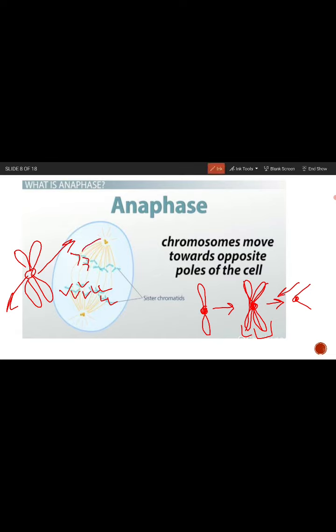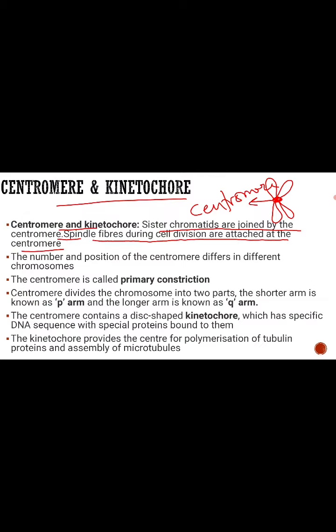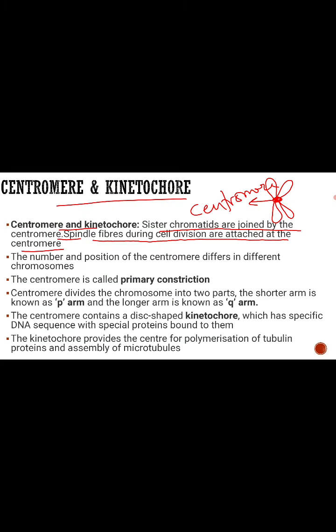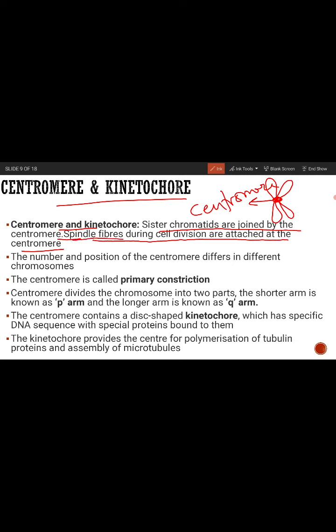These yellow threads, which are joined to the center of the sister chromatids, are known as spindle fibers. They are attached at these centromeres.